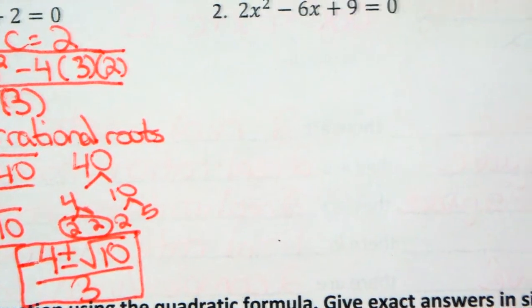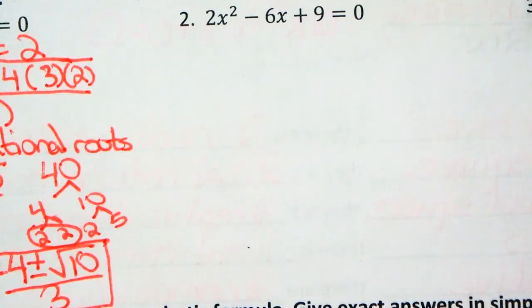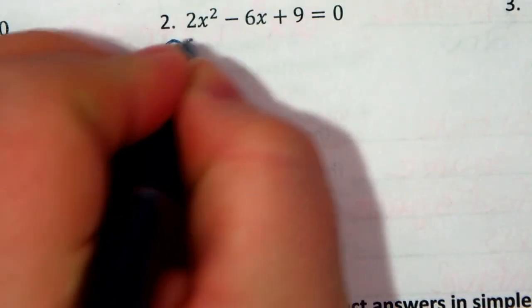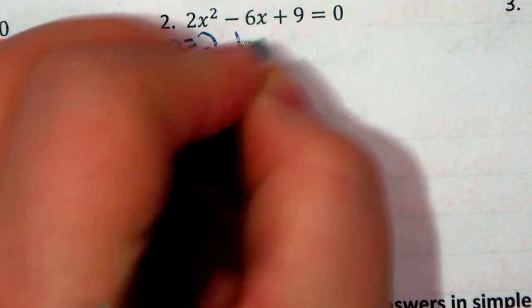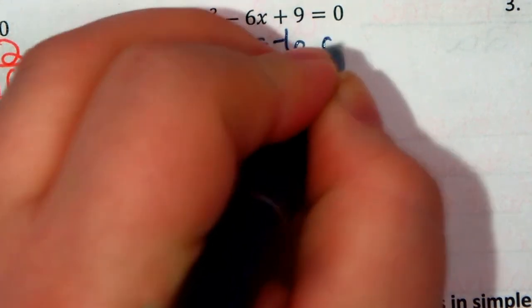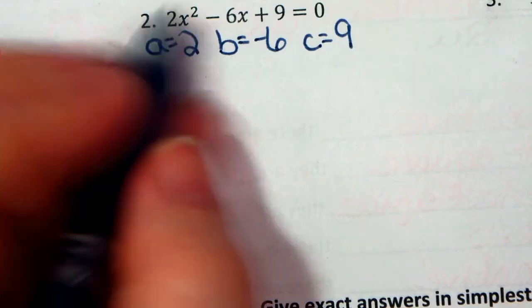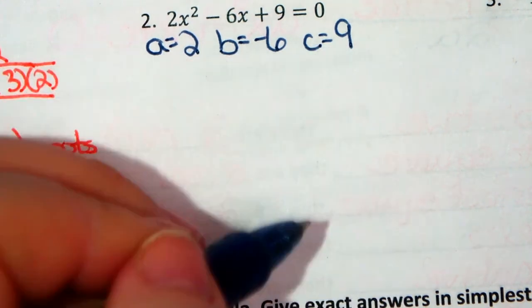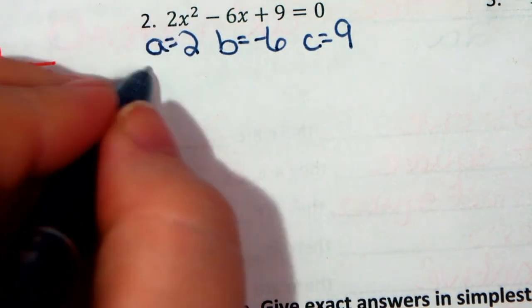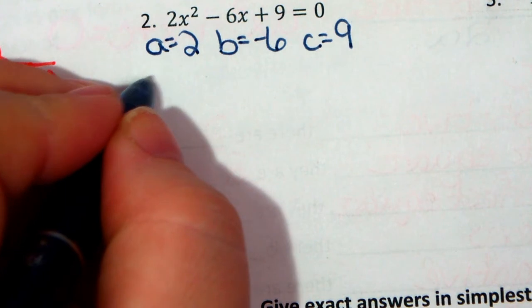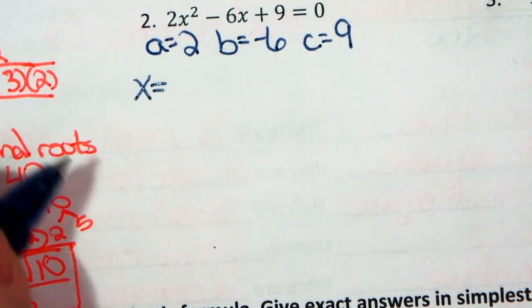Number 2, let's label A, B, and C. A is 2, B is negative 6, C is 9. So we will go ahead and plug this into our quadratic formula.